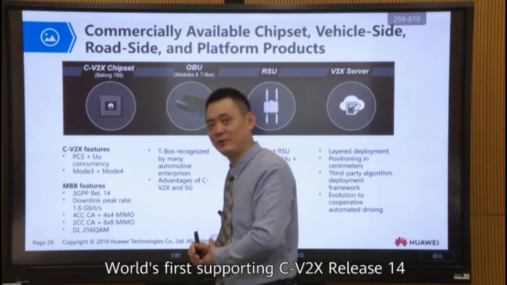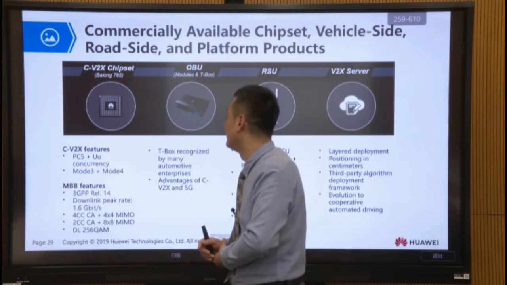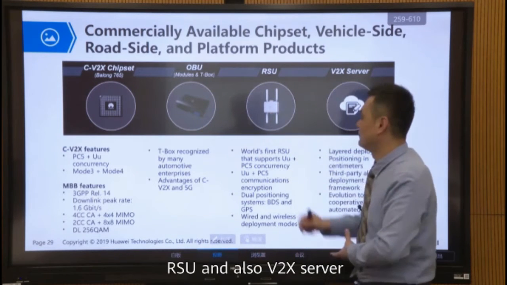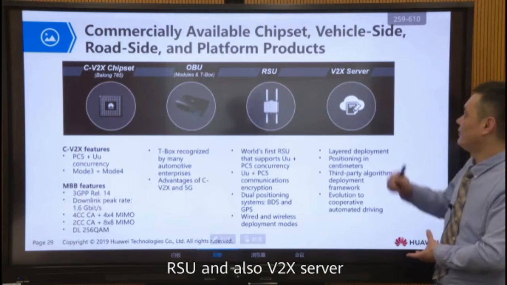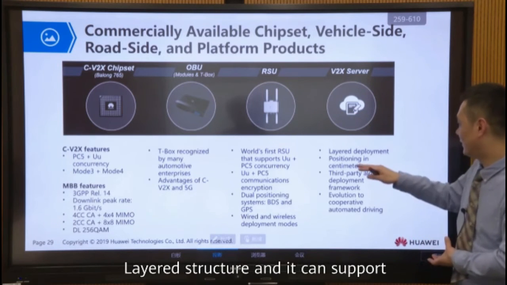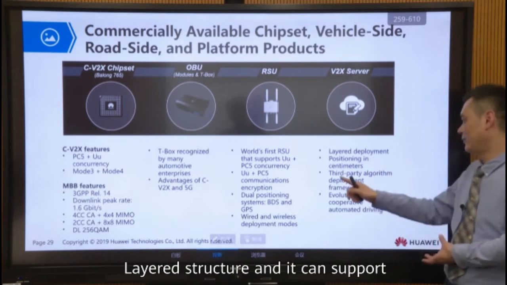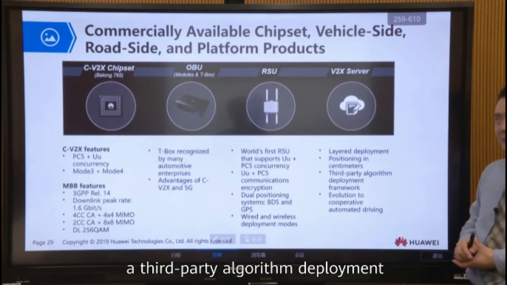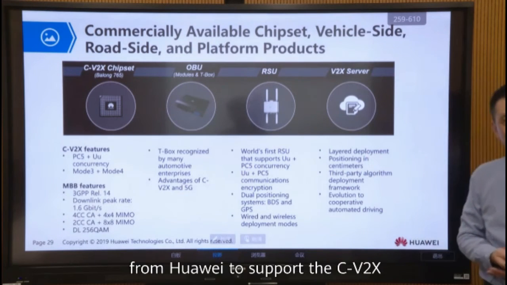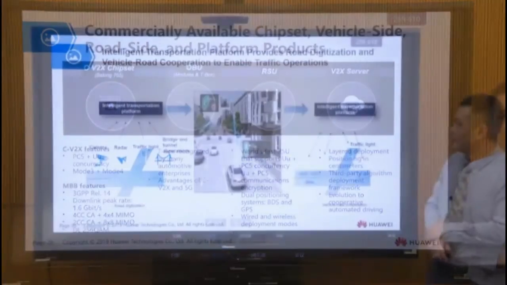OBU, the T-box, RSU, and also a V2X server. And we have a server with a layered structure, and it can support third-party algorithm deployment. So these are some products from Huawei to support the CV2X.